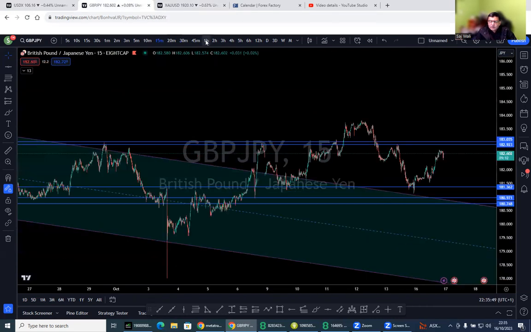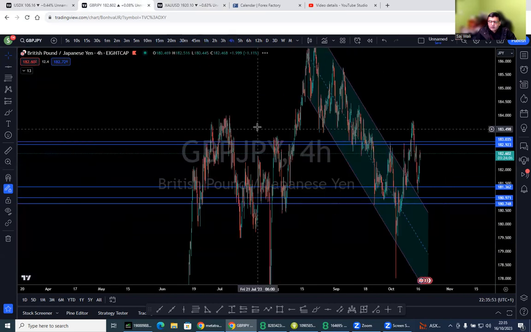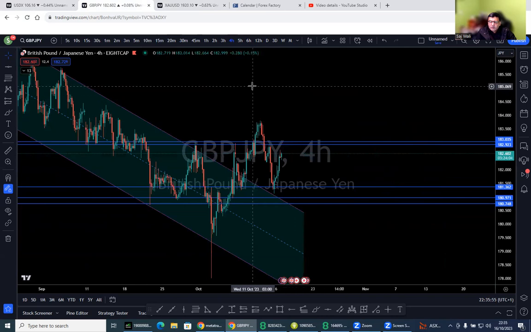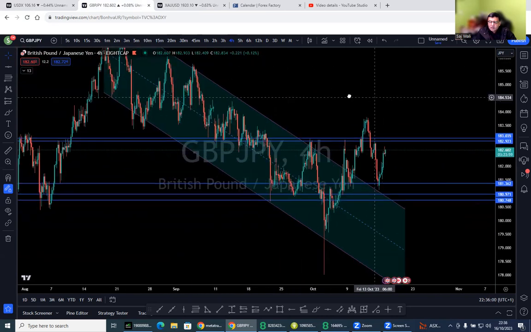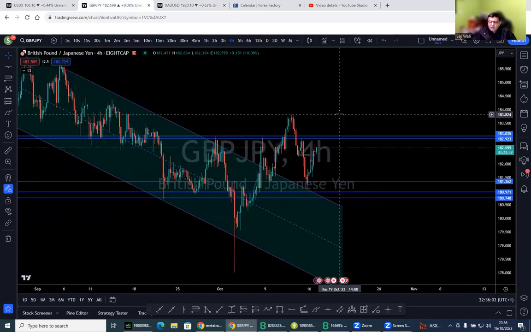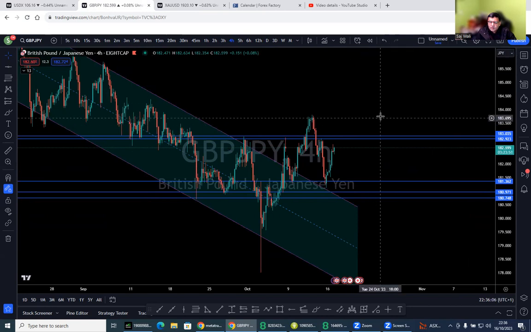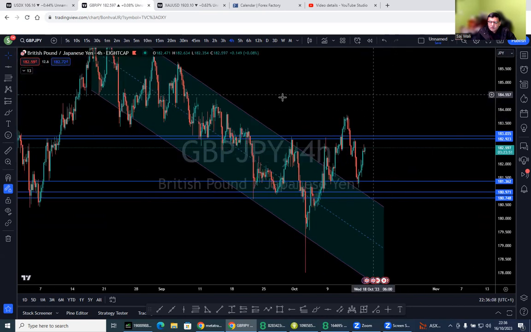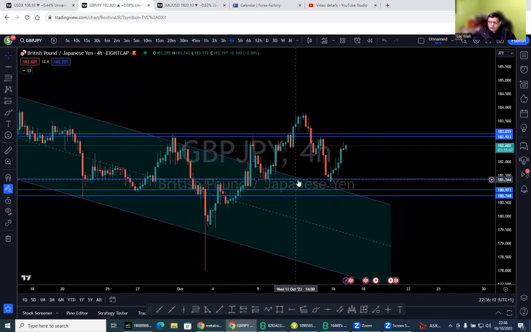GBP is a very good pair to consider as well, especially in these days when you don't have much trading on gold. You can consider GBP, Euro USD, or any other pairs like GBP USD or JPY pairs. You can have good opportunities on them as well. And here you can see the market reversed from here to the upside, and this is the next level.